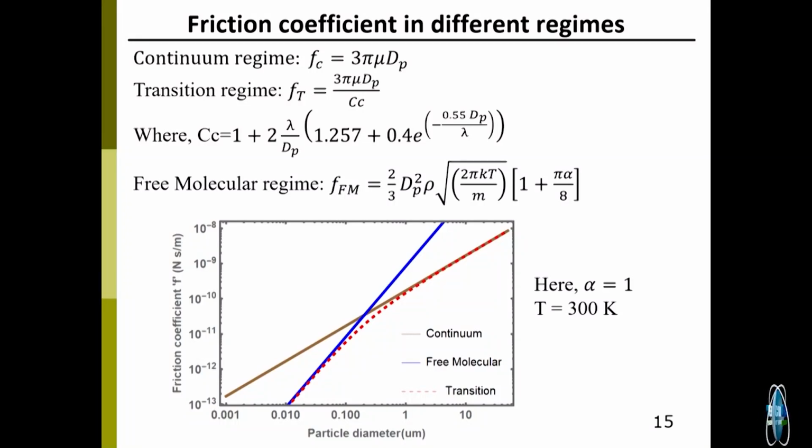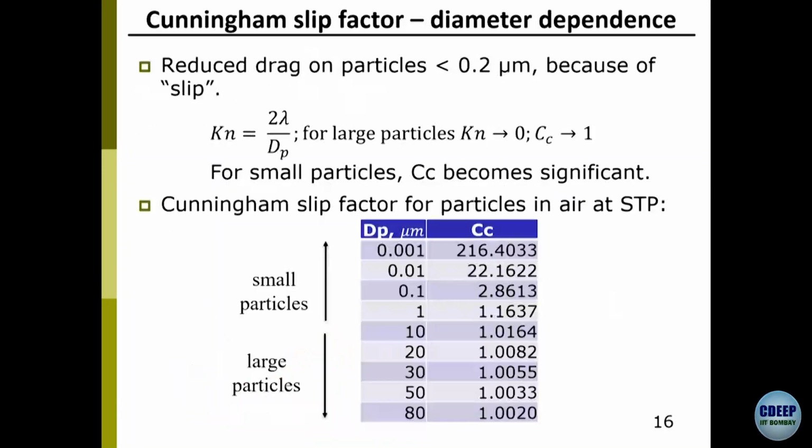So, what is the magnitude of this correction factor and how much is it going to change the drag on the particle? So, here let us take a look at this. You start seeing that this is again air at STP.